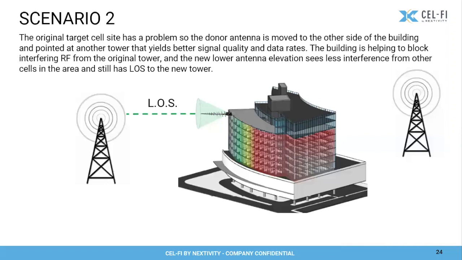So in this case, I've moved my donor antenna to the other side of the building because I found another tower that had much, much better service. And that's what I wanted to bring into the building. And I'm actually using the structure of the building to block energy from this undesired tower. So I've lowered the elevation of that antenna, but I still have a good line of sight to my new donor site.